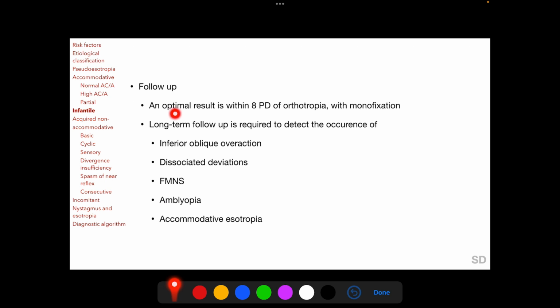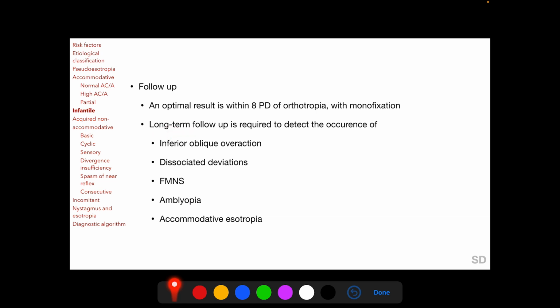So an optimal acceptable result of surgical correction of infantile esotropia is reduction of the esodeviation within 8 prism diopters of orthotropia, or in other words, achievement of monofixation. Here we may recall that the size of a central suppression scotoma of monofixation is less than 8 prism diopters.